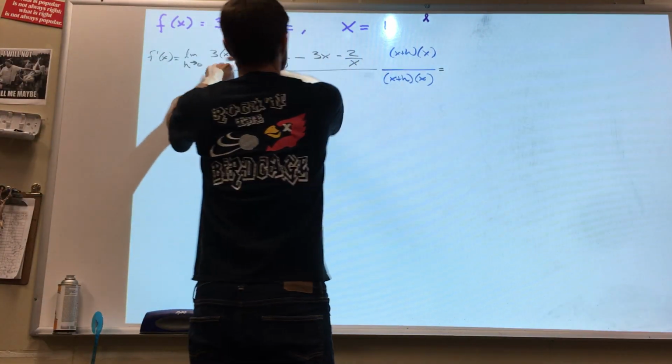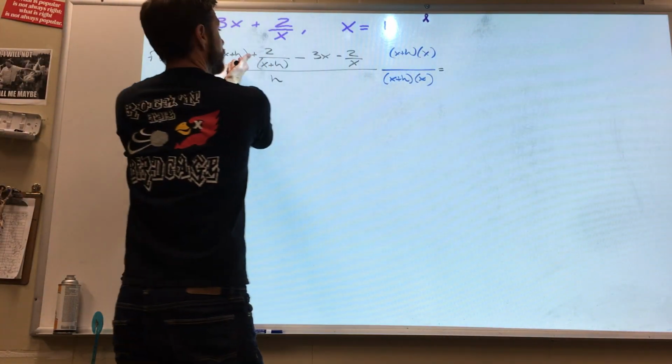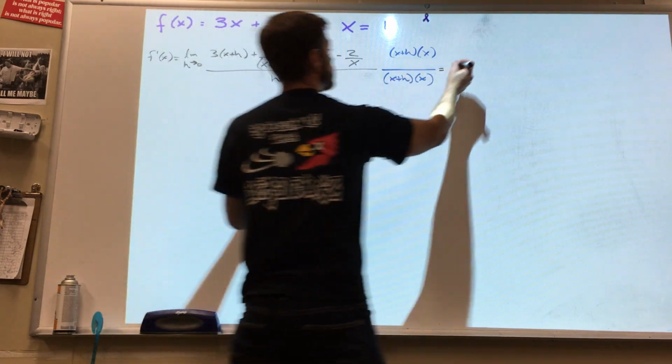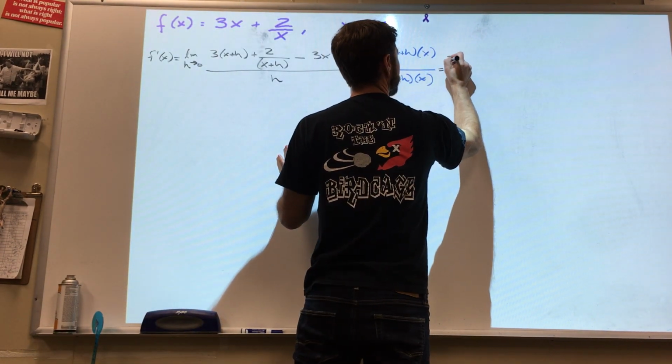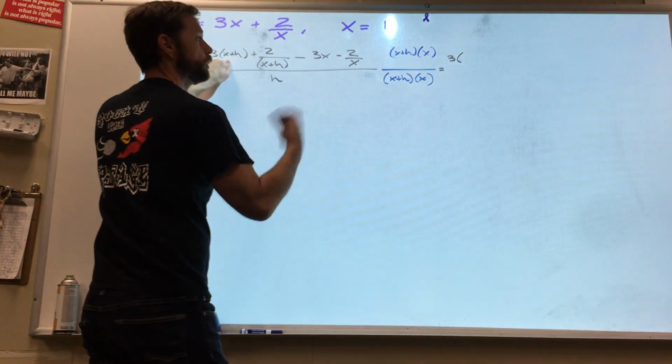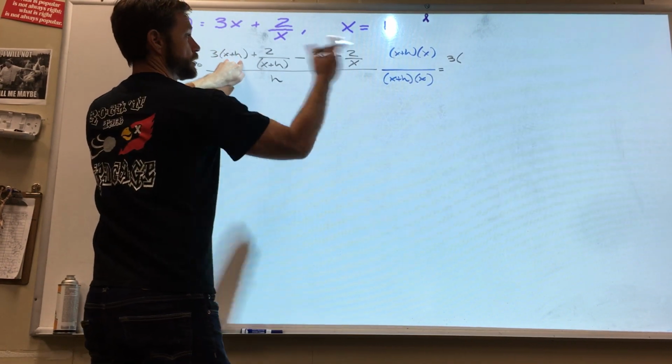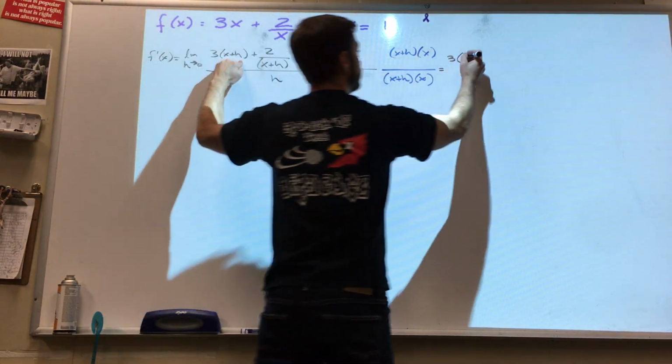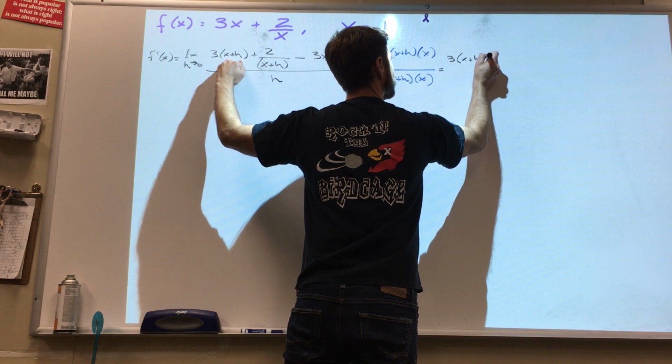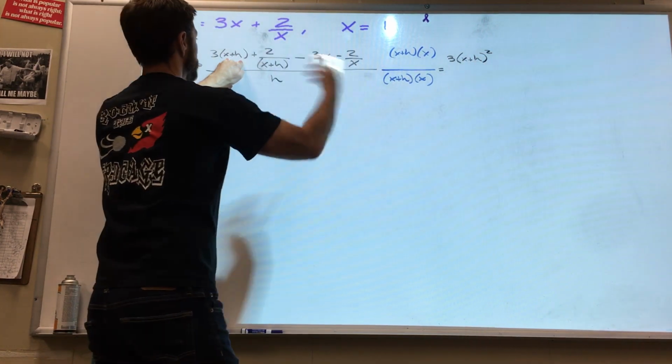So here, nothing cancels out to the first term. Let's write everything out just the first time. I know you can probably do it in your head, but just to make sure no mistakes. We've got 3, the base squared, so that's (x plus h) squared, times x.